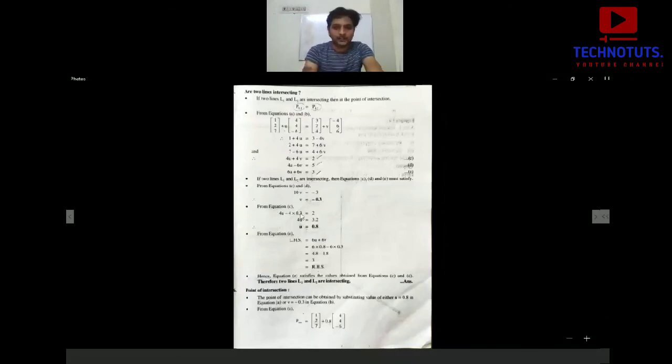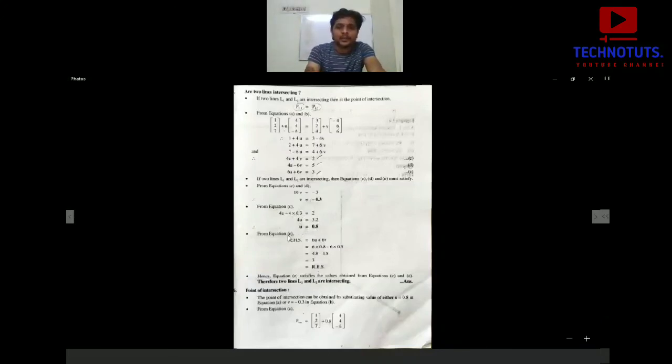From equation C, let us substitute the value of v: 4u plus 4v is equal to 2, here the value of v is minus 0.3, that is why 4u minus 4 into 0.3 is equal to 2. So the value of u is obtained as 0.8.